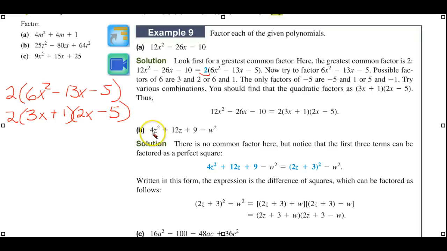Okay, now as we look at letter B, this is sort of an interesting arrangement, because if you note something, these first 3 terms make up a perfect square trinomial that can be factored into 2c plus 3.